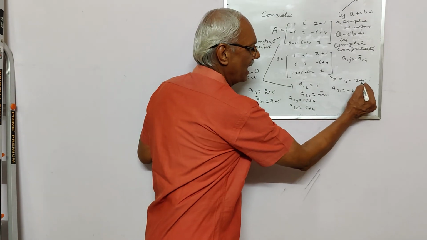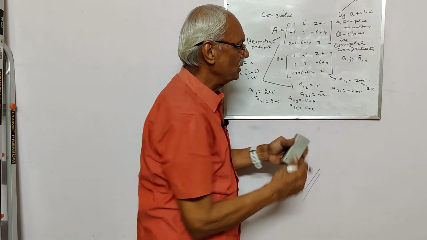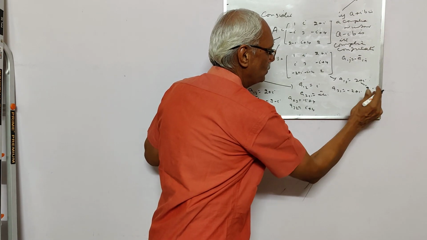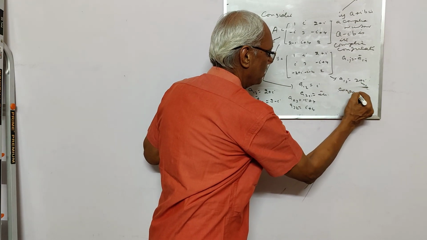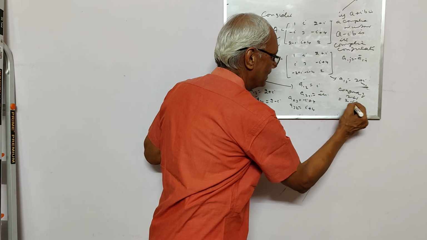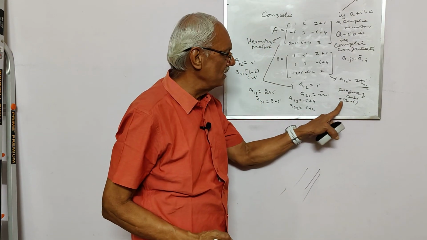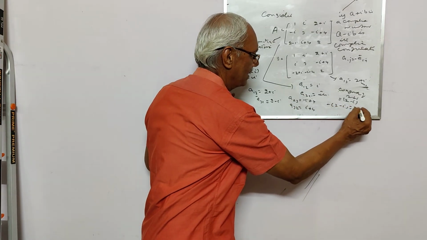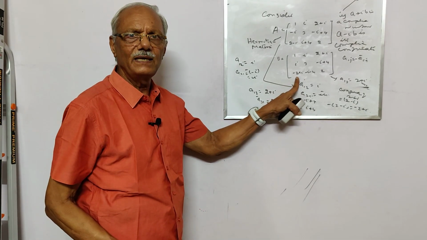Conjugate of 2 plus I is equal to 2 minus I. Now multiply this by a minus sign. So what will you get? Minus of 2 minus I. That is minus 2 plus I. That is what you have here, minus 2 plus I.